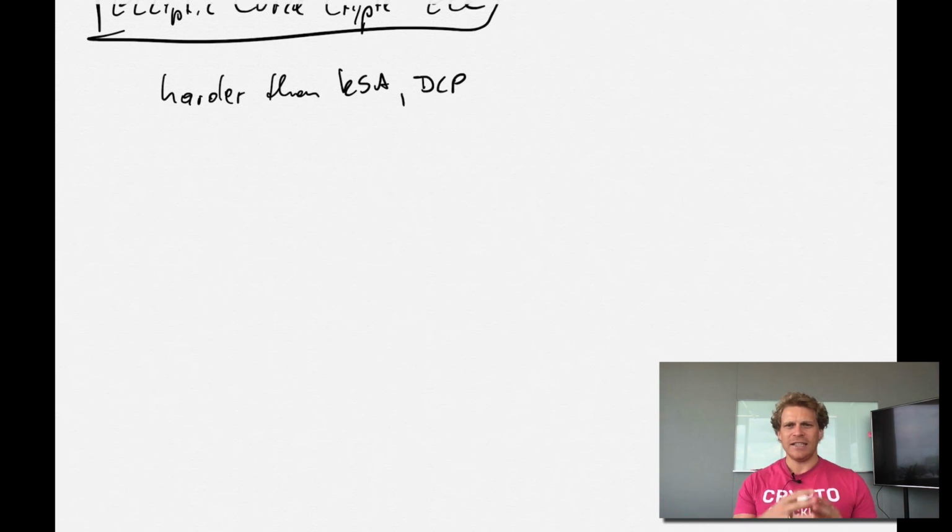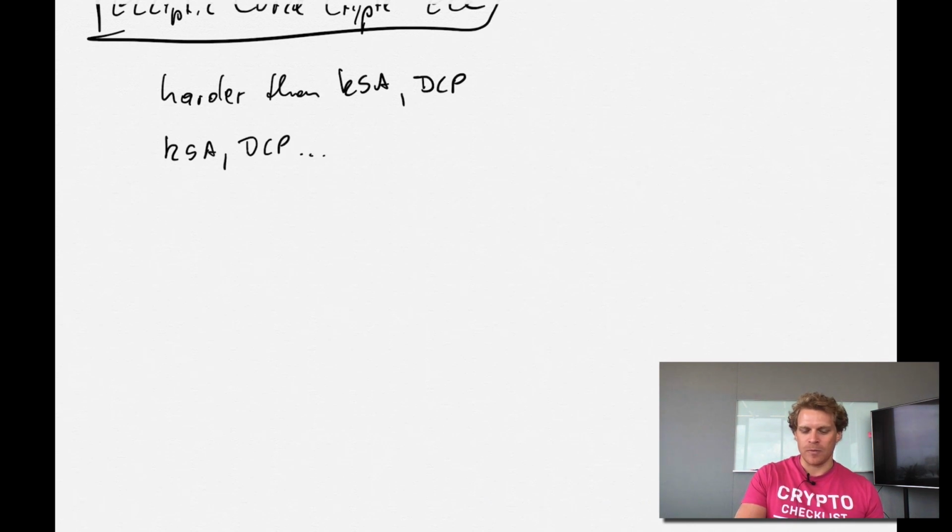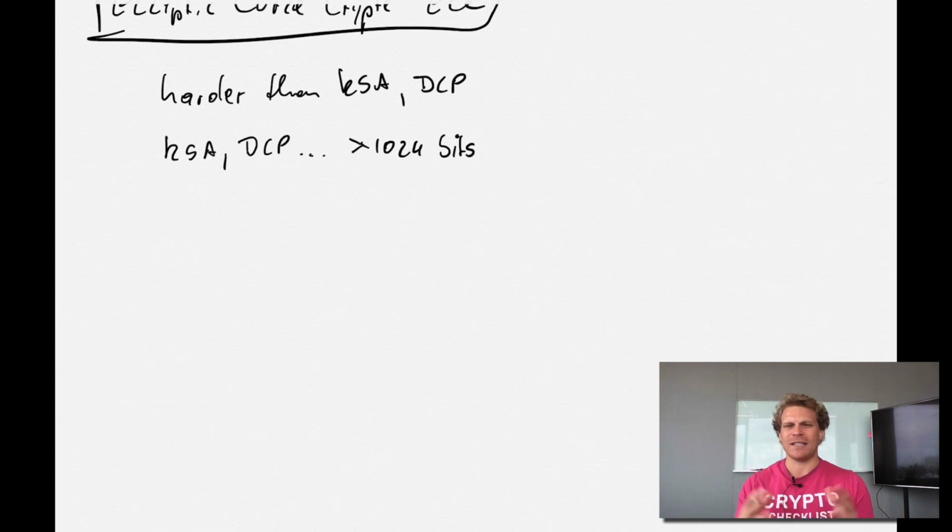That's actually the advantage why it's also being used in blockchain, because in RSA or also in the discrete logarithm problem, most of the keys actually have at least 1024 bits. And we talked about this because otherwise it gets too easy to crack them.